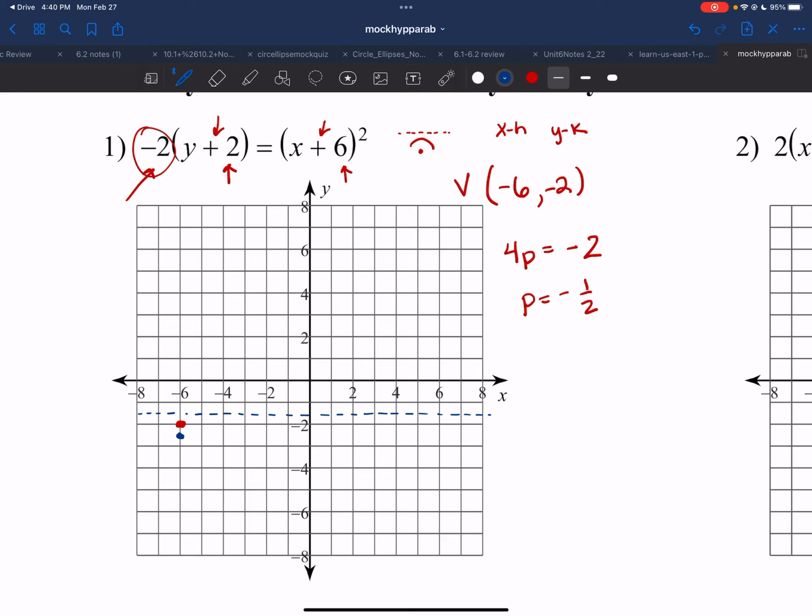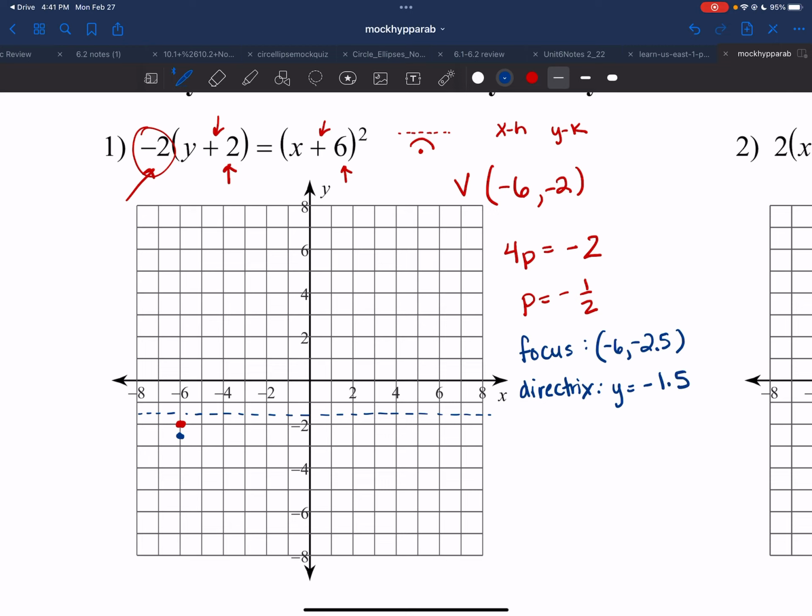So let's go ahead and put down where those are. So the focus is at (-6, -2.5), and then my directrix is located at y equals -1.5.